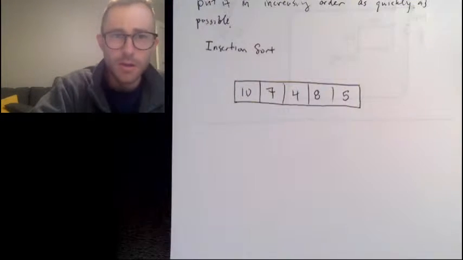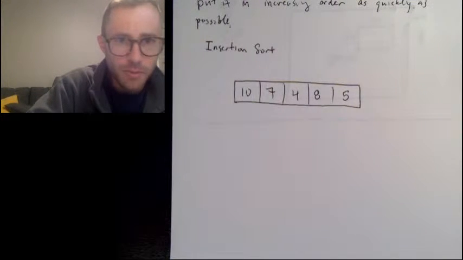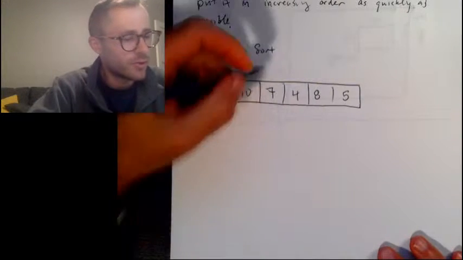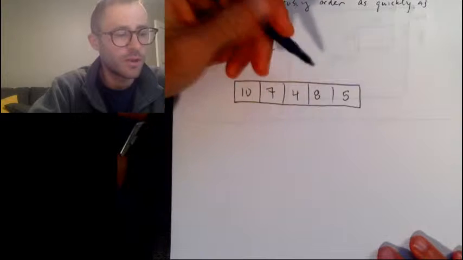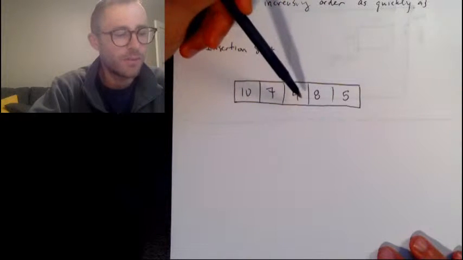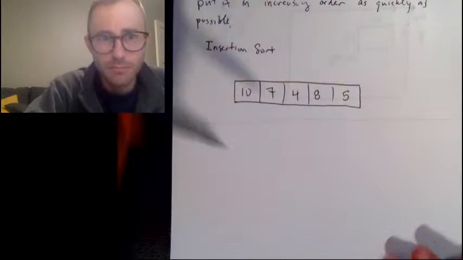So we want to sort these. Obviously the sorted array is 4, 5, 7, 8, 10.